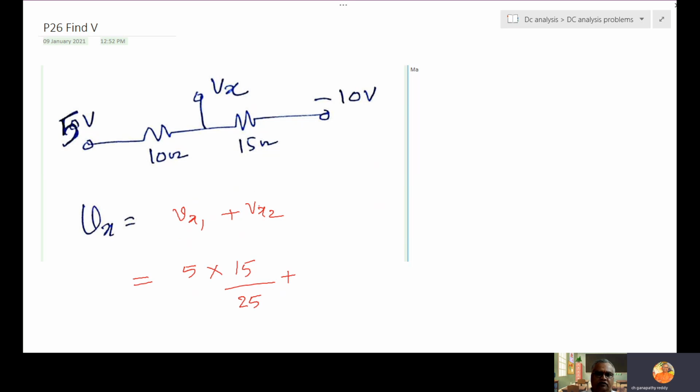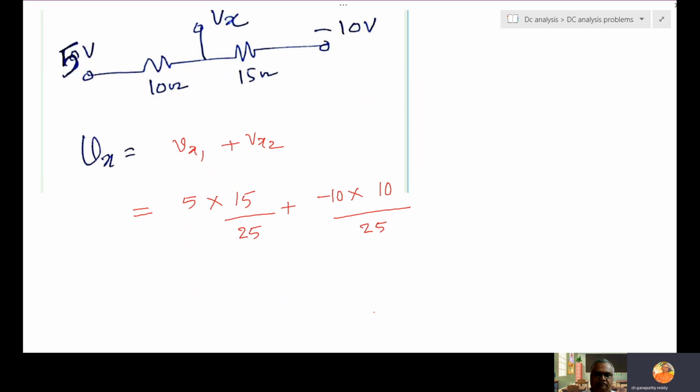Plus Vx2 because of minus 10. Minus 10 into, now 5 volts grounded, 0. Then Vx2 means across 10. So that is 10 by 10 plus 15, 25.